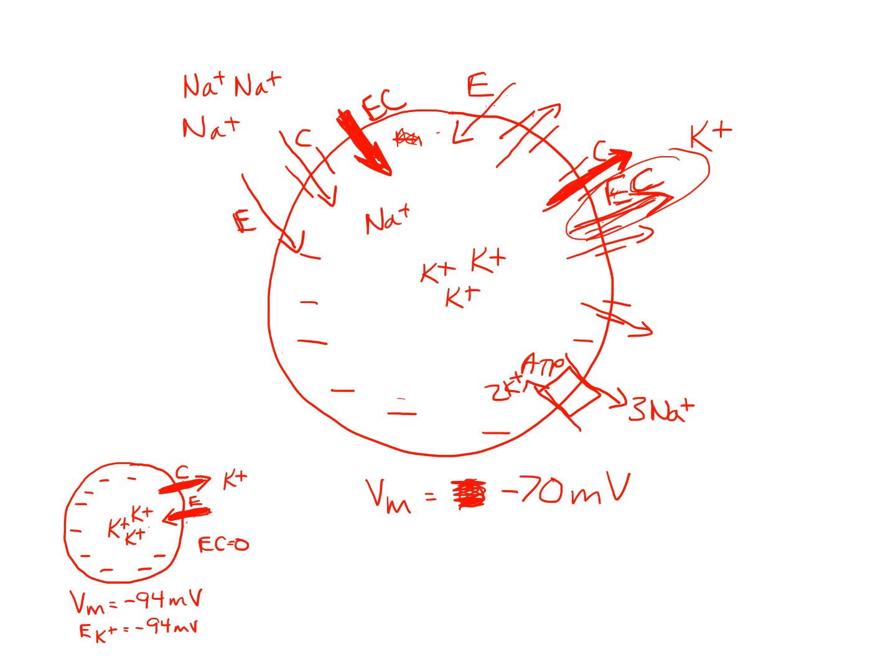Okay, sodium really wants to get in that cell. And potassium's like, yeah, I want to leave the cell, but you know, I'll leave eventually. It's not as in a hurry to leave the cell as sodium is to get in, just because that electrical force is going the opposite way of the chemical force. But potassium has a lot more opportunity to leave the cell because there's 25 times more leak channels.